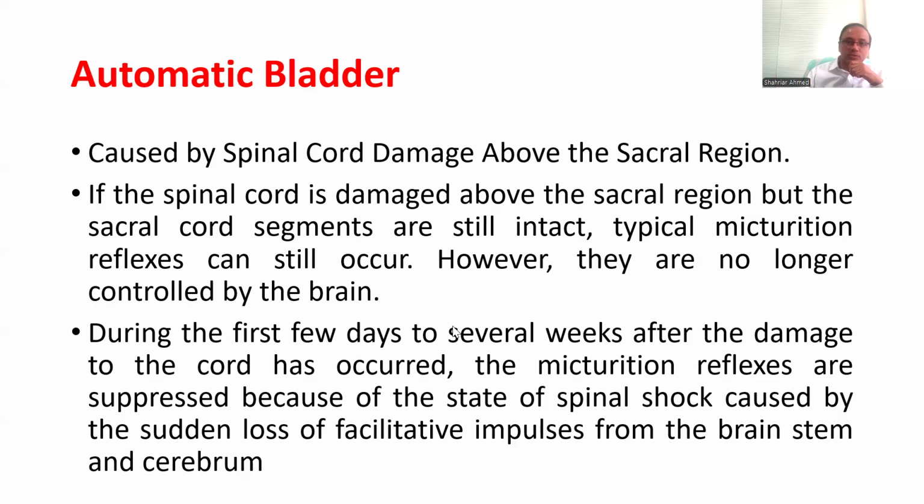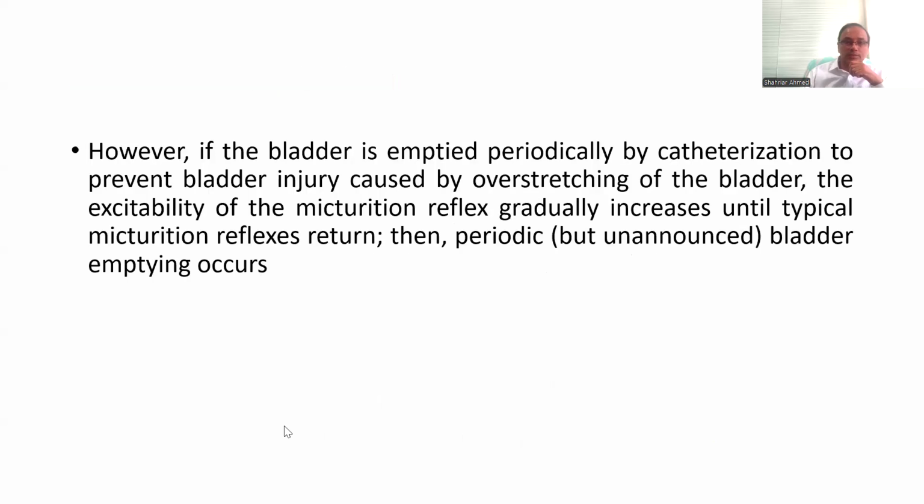During the first few days to several weeks after the damage to the spinal cord has occurred, the micturition reflexes are suppressed because of the state of spinal shock caused by the sudden loss of facilitative impulses from the brainstem and cerebrum.